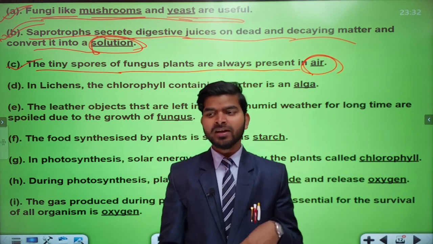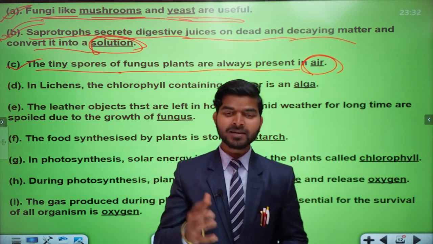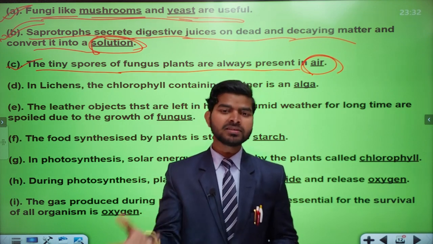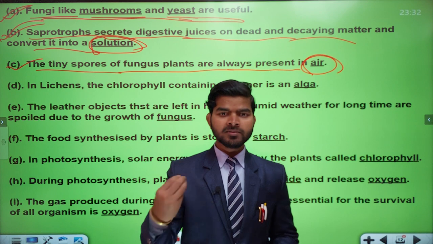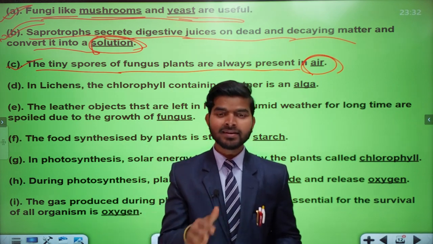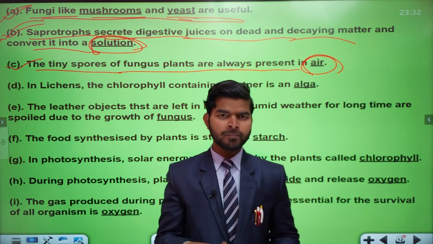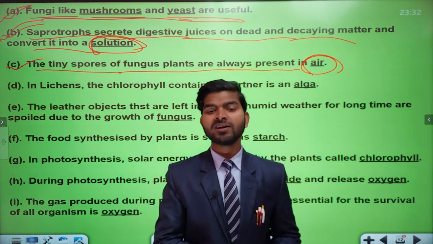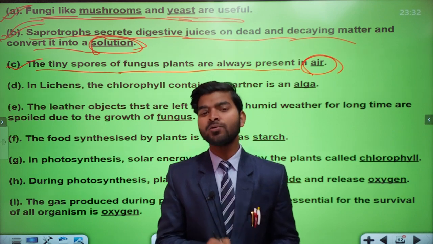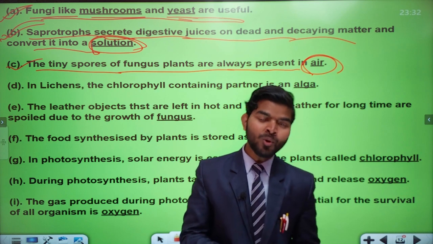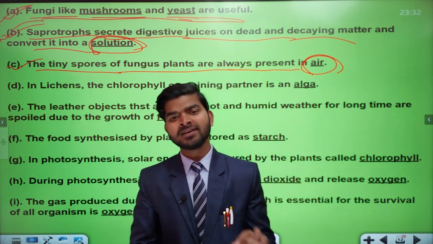We should take a bread piece and moisten it, and then leave it for 2 to 3 days. After that we observed a green coating covering the surface of that slice, and that coating is actually the fungus which we have grown over the slice of bread.